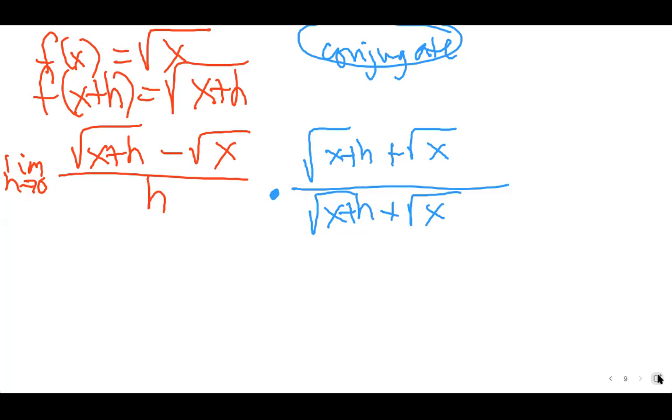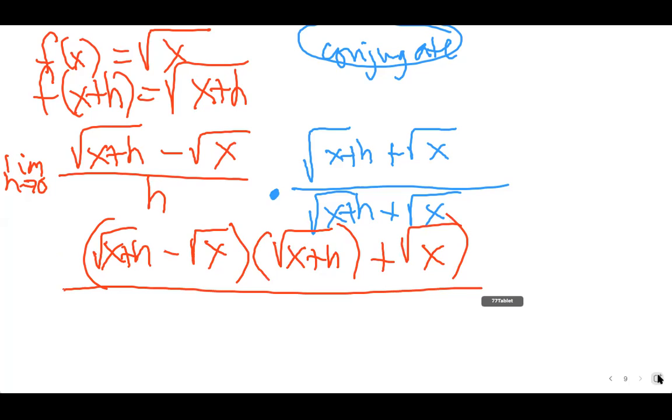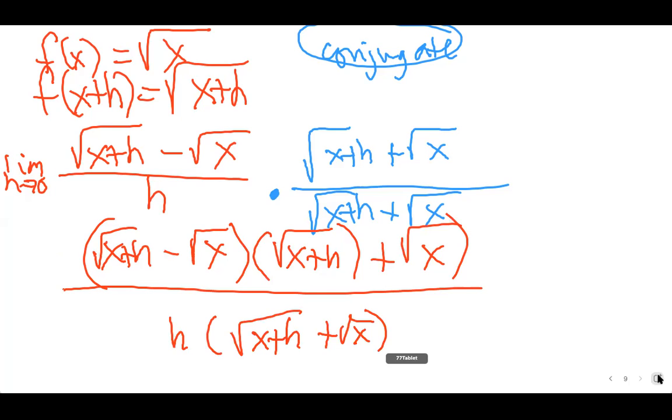So we have x plus h minus square root of x, all over h times the square root of x plus h plus the square root of x. Yeah, so this will be the combination of the equations na nasa taas, yung ginawa natin conjugate.